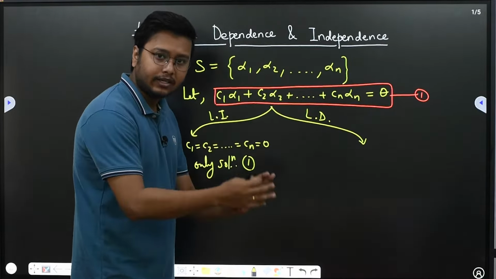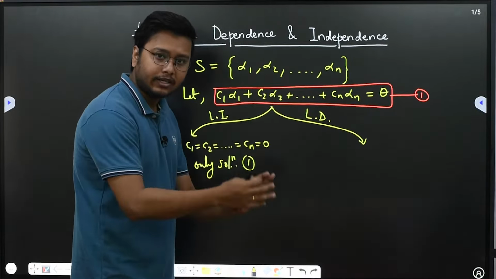One more important observation that we need to remember: a singleton set means a set which contains a single element. That can be the zero element also, the theta element, no problem with that, but any single element set is called a singleton set.